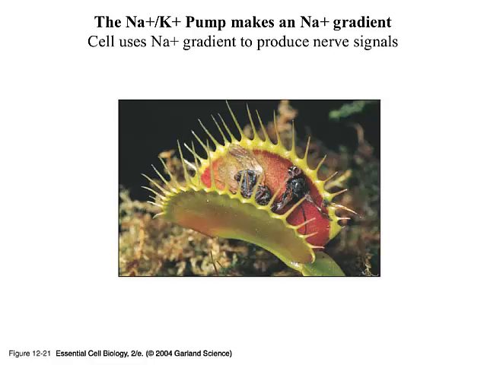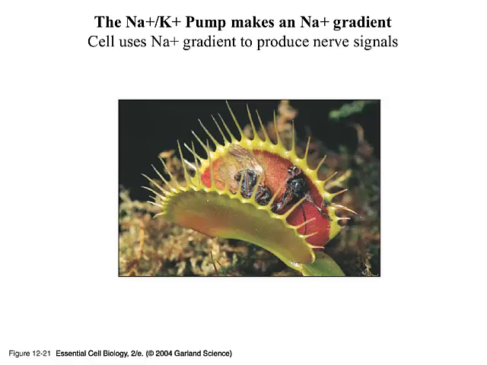So in the Venus flytrap, once a fly triggers three of the hairs on the inside of that part of the plant consecutively, the sodium-potassium pump will cause an influx of potassium such that it uses that gradient of sodium moving down its gradient to signal for the plant to close.